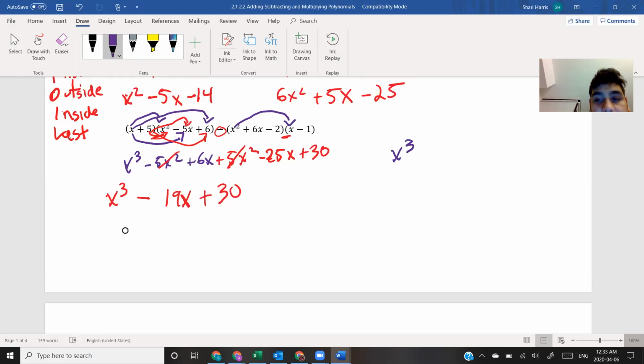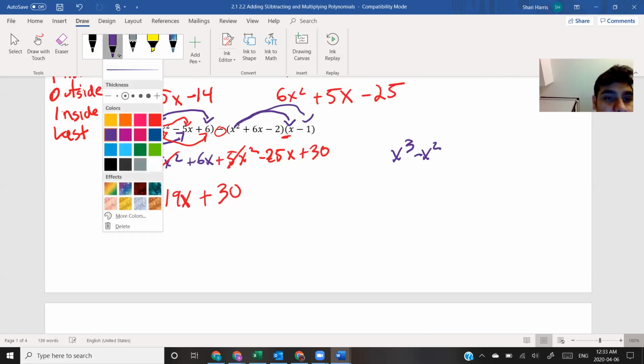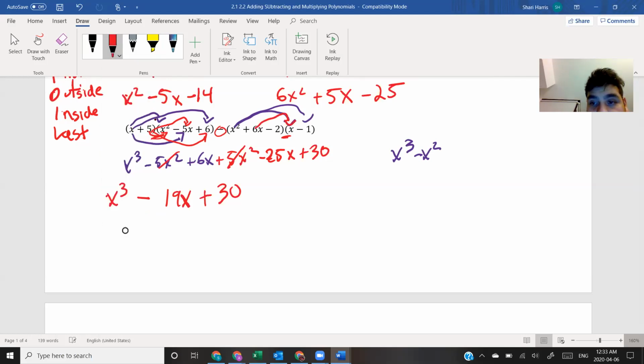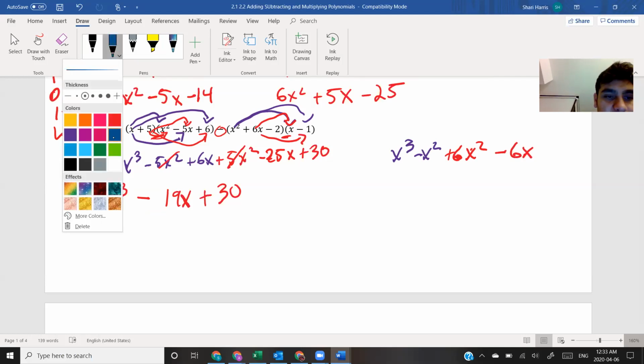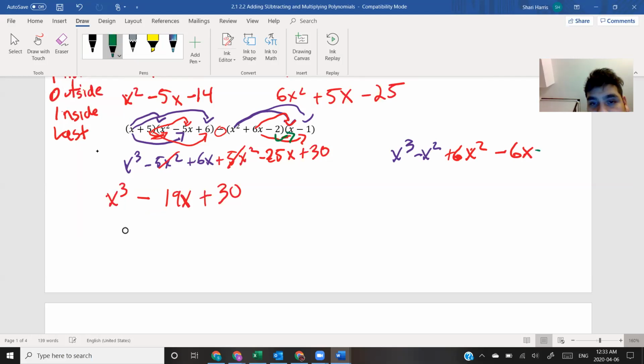X squared times negative 1 is minus x squared. 6x times x is plus 6x squared. 6x times -1 is -6x. And then we're going to distribute this -2. -2 times x is -2x, and then -2 times -1 is +2.